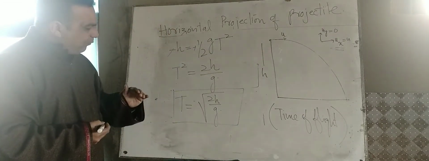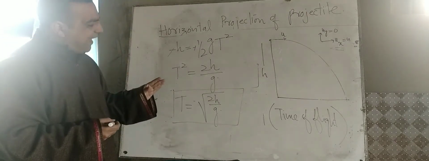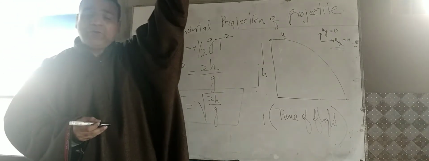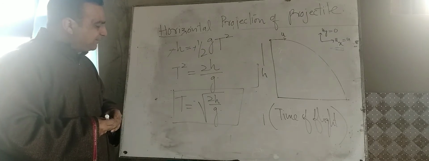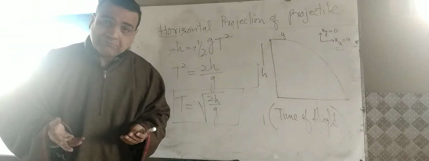Now, what does this equation tell us? This equation tells us that the time of flight is dependent on the height. It depends on the height from where you have shot this projectile horizontally. And it does not depend on the mass of this body.